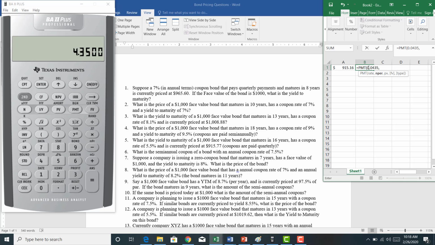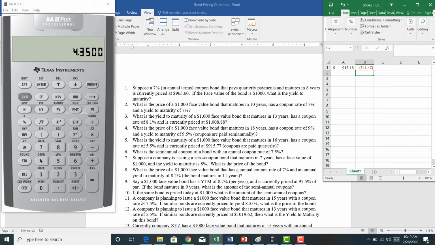The bond matures in 9 years, I'm going to multiply that by 2, and I have 18 semi-annual periods. The present value of the bond is 97.5% of par, or $975. That's an inflow to the firm. The future value is negative 1,000. I'm going to assume compounding at the end of the period. And when I solve for this, it's going to give me a negative $41.47. So the answer to problem 9 is $41.47.